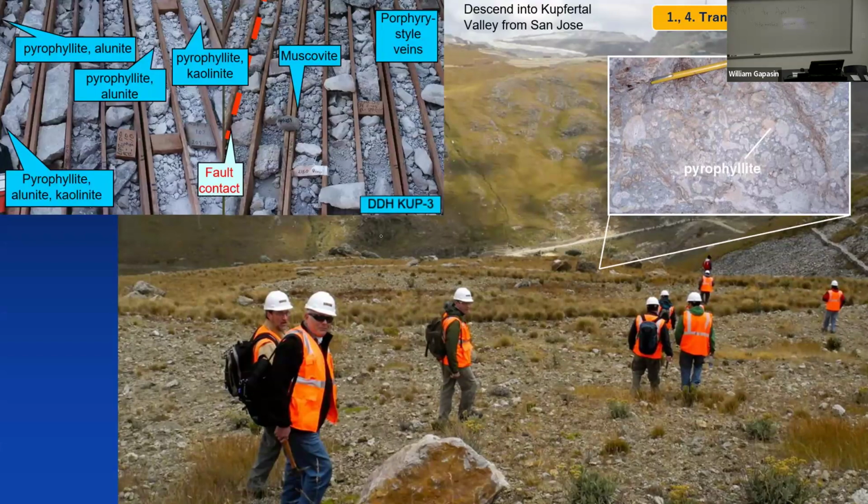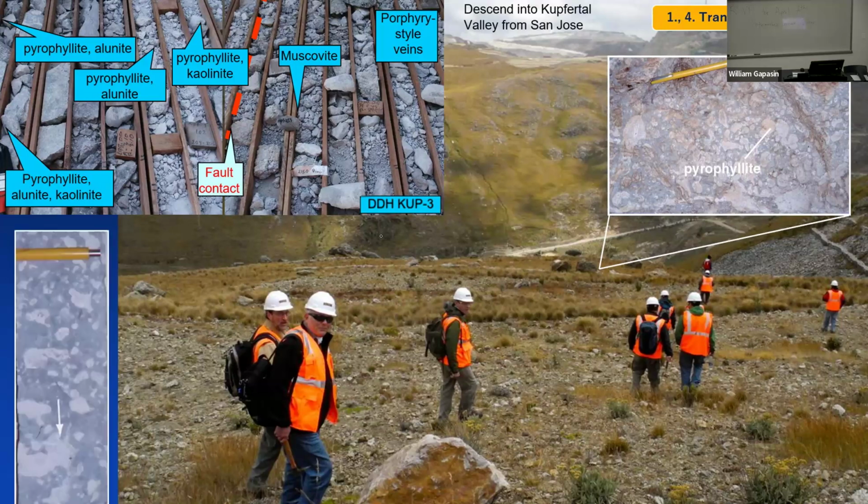And if you get to the bottom of the valley, Thomas Klein, a German geologist who drilled this area, drilled in KUP3, the discovery hole, porphyry-style veins at depth with muscovite, faulted through here, and then pyrophyllite, kaolinite, alunite, and the same patchy texture of pyrophyllite basically replacing the siliceous rock.